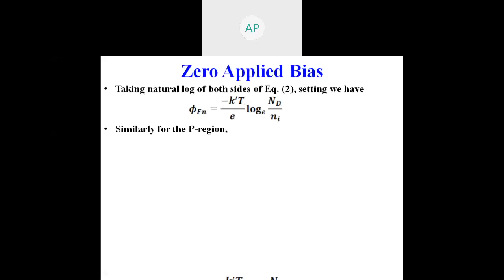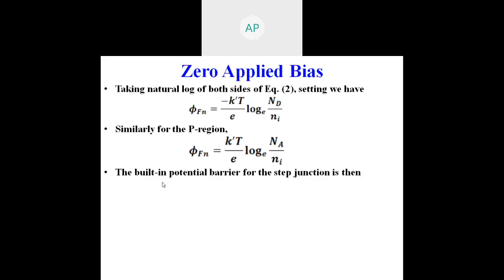Similarly, for the p region, the majorities are the holes, whereas for the n region the majorities are the electrons, so this sign will be positive. For the p side there is an acceptor, and for the n side there is a donor. It will be like this.